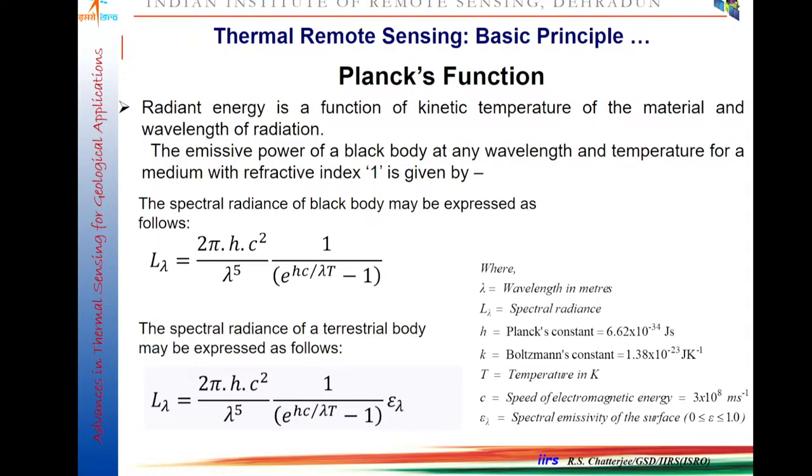So you can understand here that from Planck's law, we can get the temperature of the object from the emitted energy. If you know how much energy it is radiating in a particular wavelength, and what this wavelength value is, then we can get the temperature. So for that we have to rearrange this equation, isn't it?